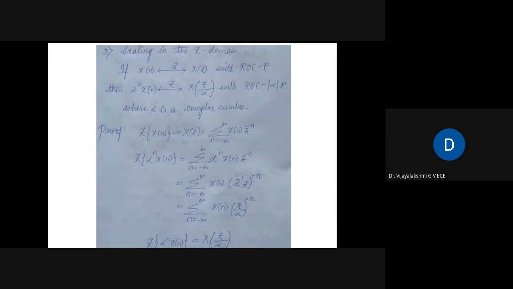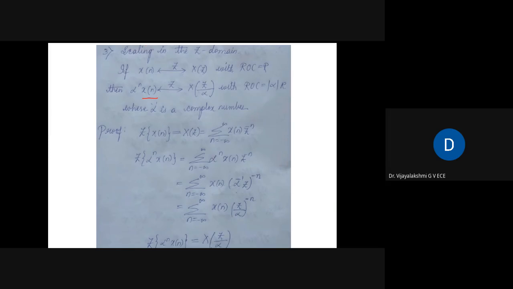We are scaling the signal in the Z domain, that is X of z is scaled. So let us see what is the resultant of that in the time domain for its corresponding discrete time sequence x of n.